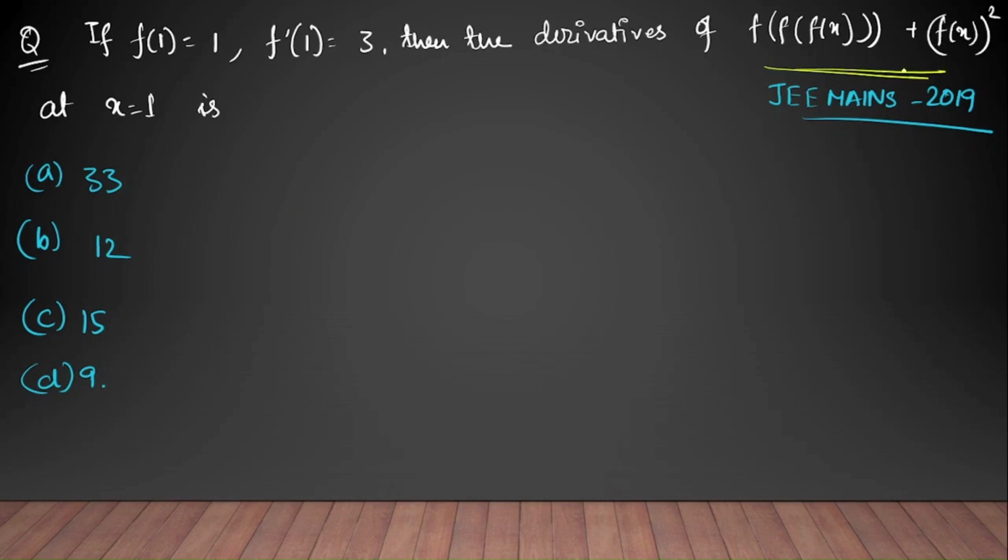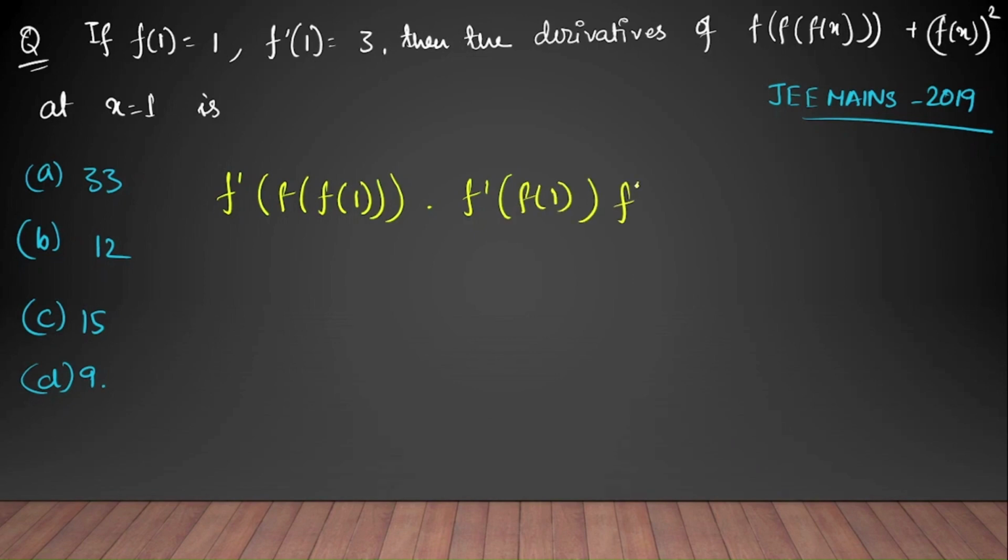The derivative of the function will be f'(f(f(1))) into f'(f(1)) into f'(1), plus 2 into f(1) into f'(1).